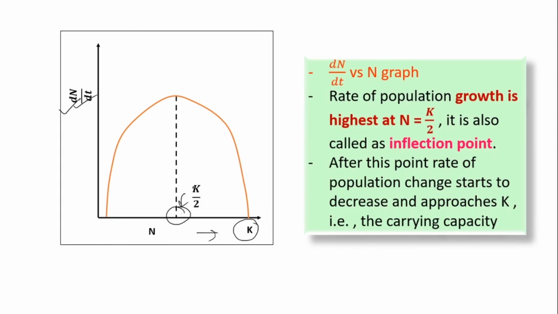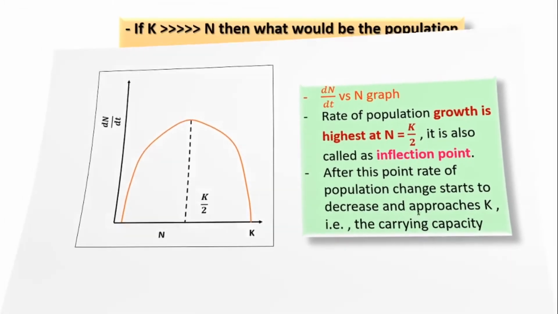At this point the population shows its highest growth rate. That is why this point is known as the inflection point, and after reaching this point the population starts to decline and approaches its carrying capacity, K.